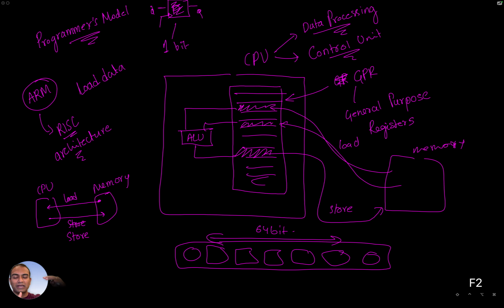And once you have many such registers, that's called a register bank. So a CPU, an ARM CPU, can be thought of as a collection of register banks. One of the register banks is called the general purpose registers, and these are used to fetch the data from the memory, do computations on those, and store them back into the memory.